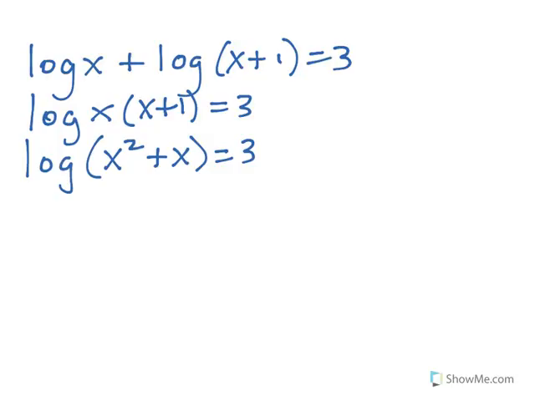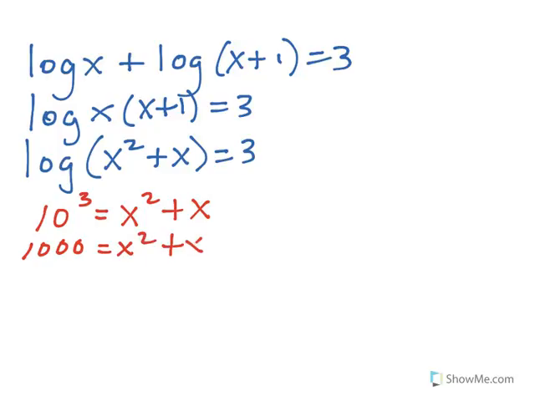Now I'm ready for my switch. So here we go. 10 to the third power equals x squared plus x. And now we're ready to solve. 10 to the third is 1,000. So ladies and gentlemen, it looks like we got ourselves a quadratic. 0 equals x squared plus x minus 1,000. But you already know how to solve quadratics.